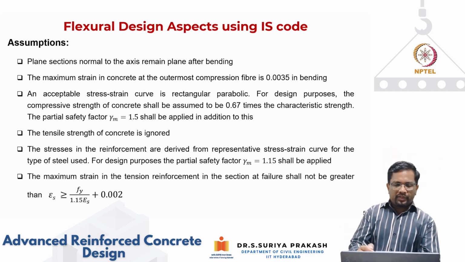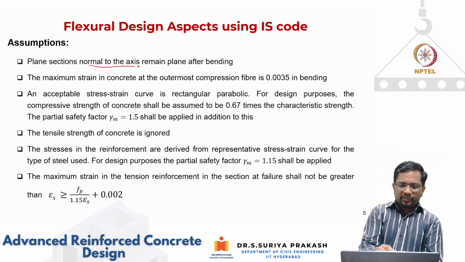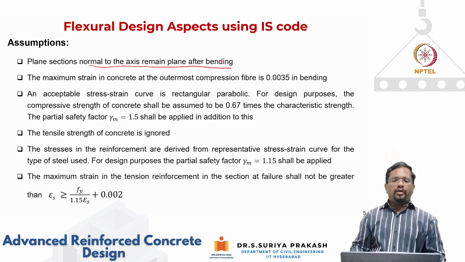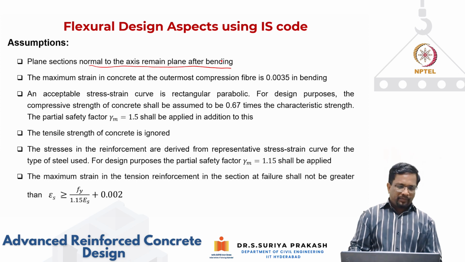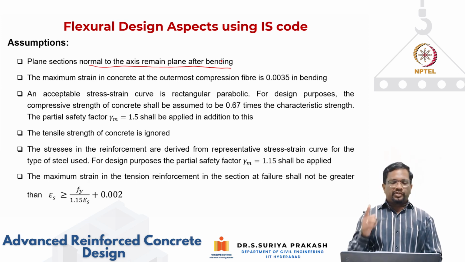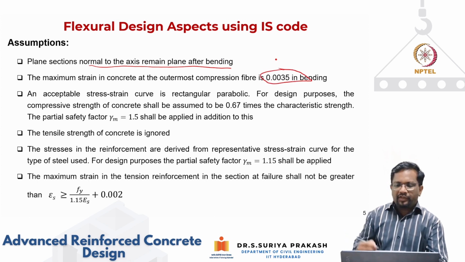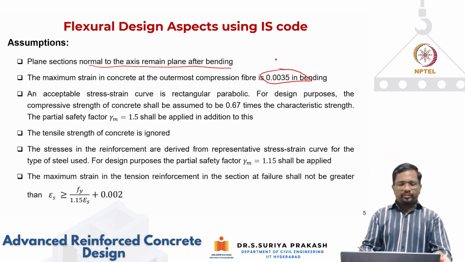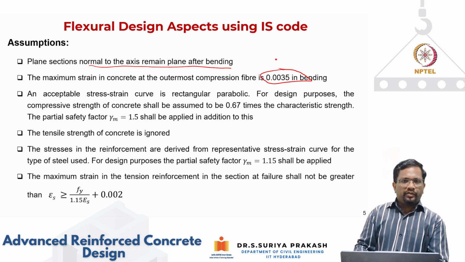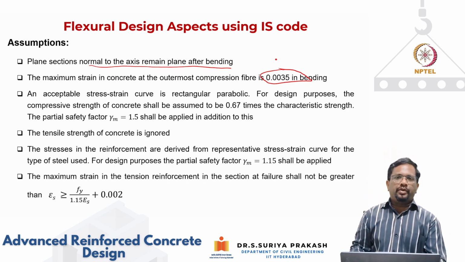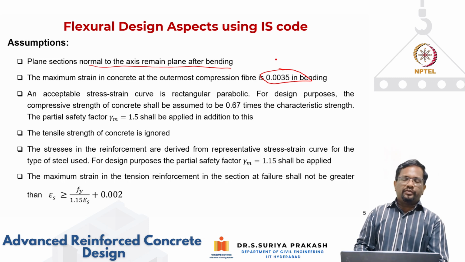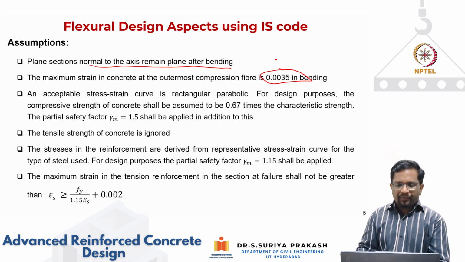That is basically plane sections remain plane before and after bending, and the maximum strain in the concrete at the outermost compression fiber we are going to take as 0.0035, which is what we have been using in the actual behavior also. When concrete at the top reaches a strain of 0.0035 in compression, that means failure.